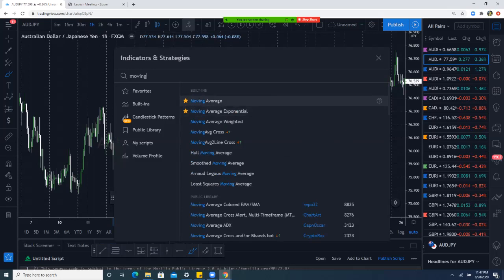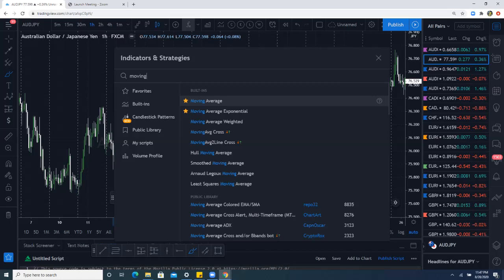A simple moving average does exactly what I just explained: it takes the last 20 periods, makes an average price, and continues to do so, creating a line from those averages.